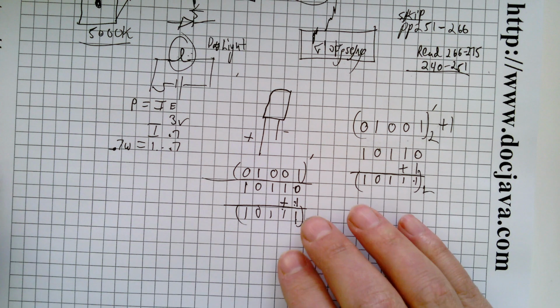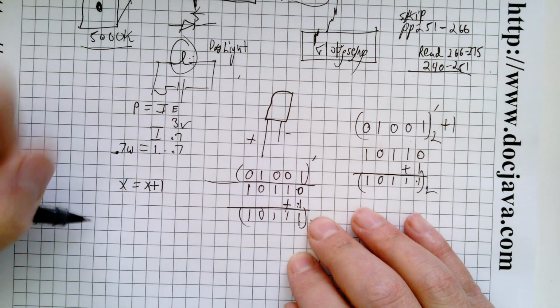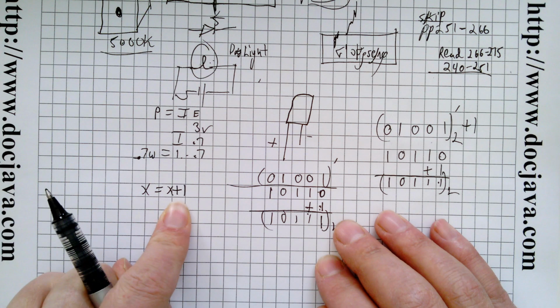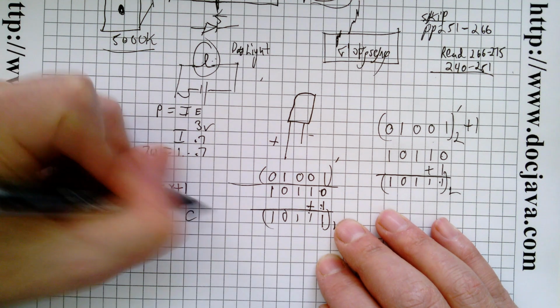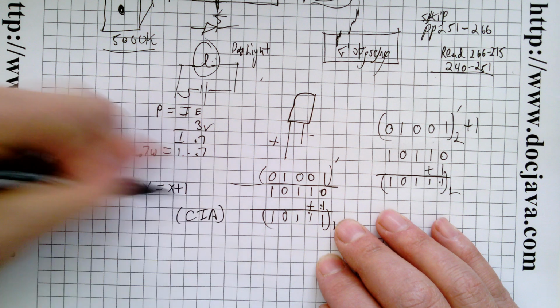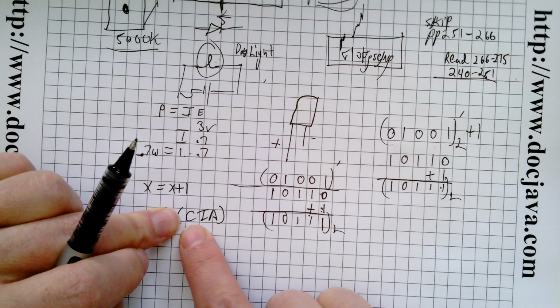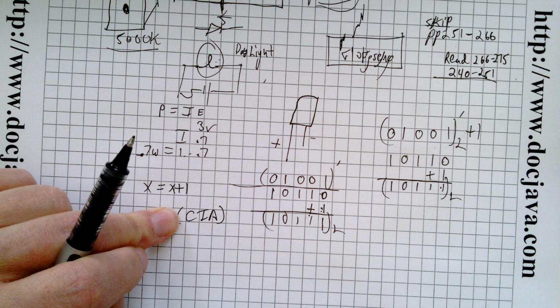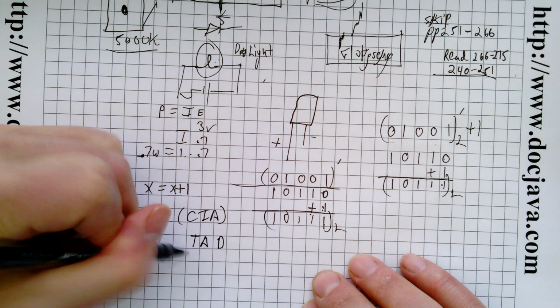When I say x equals x plus 1, it is adding 1, but we could also say we have incremented x. So complement, and in fact the machine instruction from the PDP-8 computer from Digital Equipment Corporation was CIA for complement and increment the accumulator. And that's how they did what they called TAD, or 2's addition.